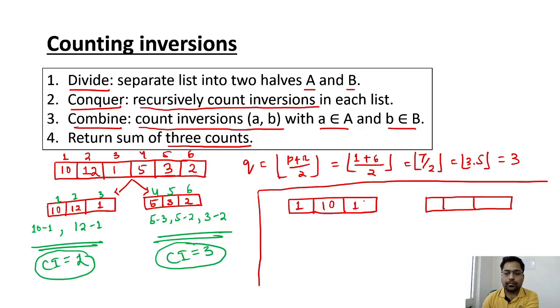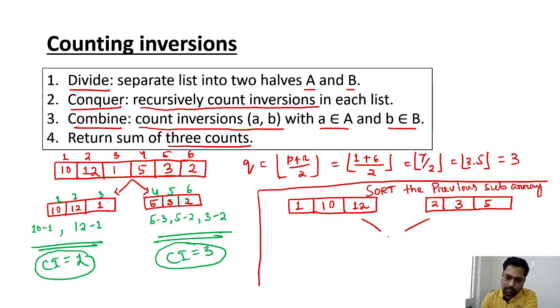Next, 2, 3, 5. First we sort the previous sub array. Sort the previous sub array, then do the combine.